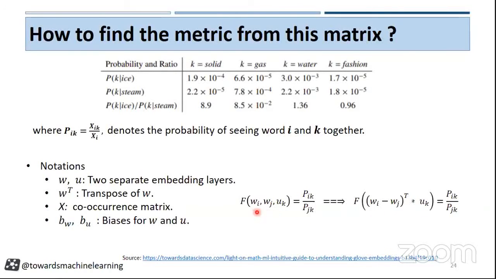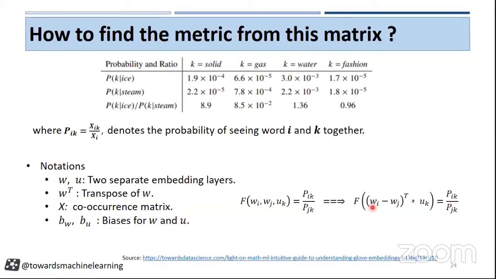And if we take the difference between these two kinds of words, we get the same kind of results. So we can reduce that.